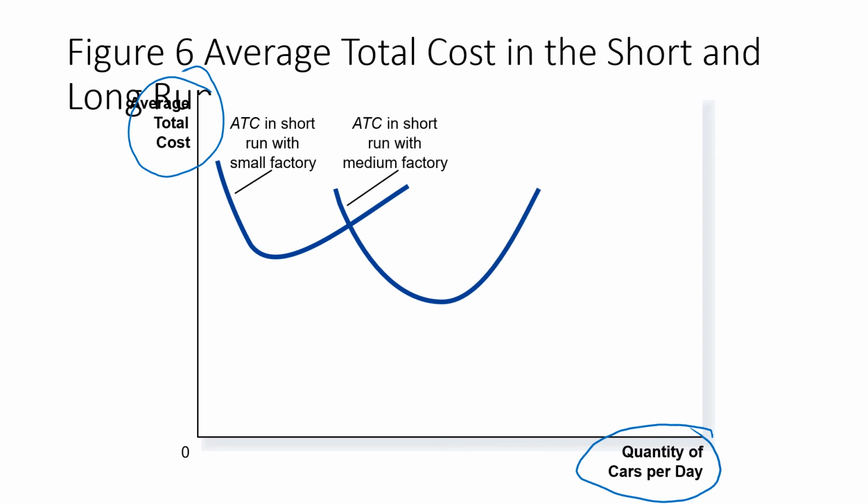Then in the long run, in a slightly longer run, that means when we are covering a little bit more duration, we can increase the inputs, we can double up the inputs, so we can move on to a medium size factory, and when we increase the quantity, then the overall average total cost will be low.